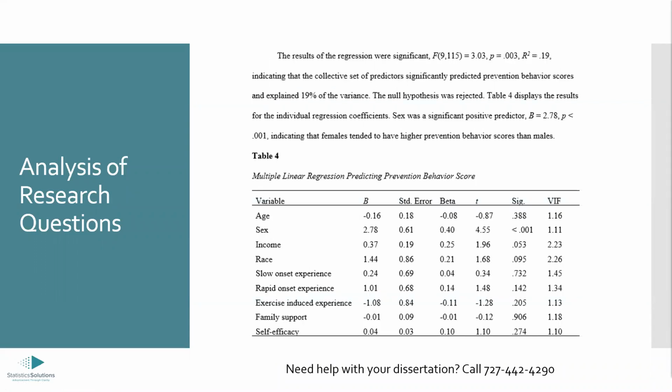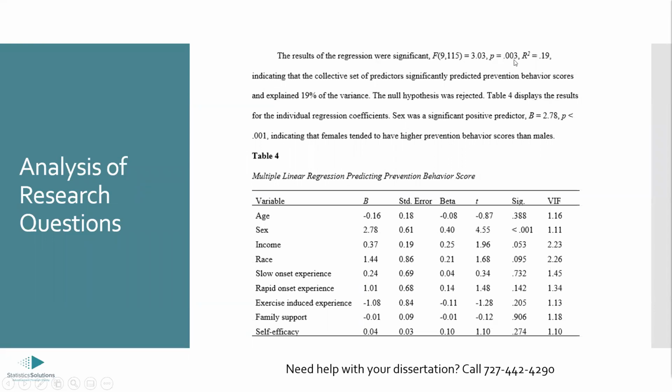And now let's look at the results of another type of analysis. Let's look at the results for a regression. For a regression, you would typically present the results for the overall regression, which would come in the form of an F-test, which we already saw when we discussed ANOVA. So again, you'd have your F, the degrees of freedom, the F-value, and the p-value associated with the overall test.